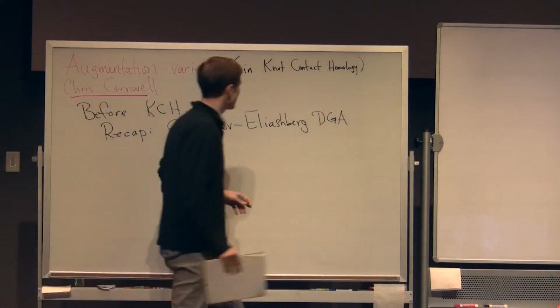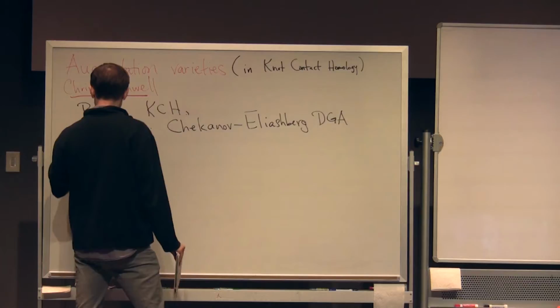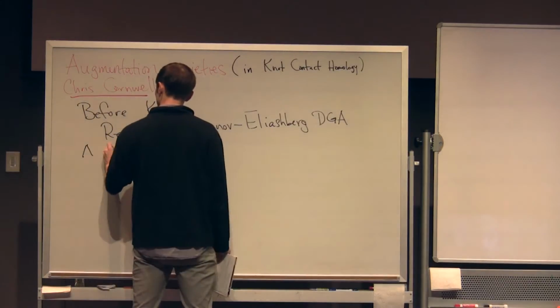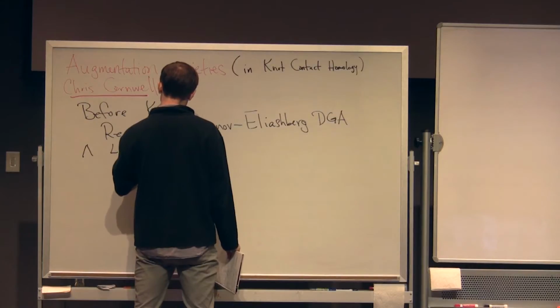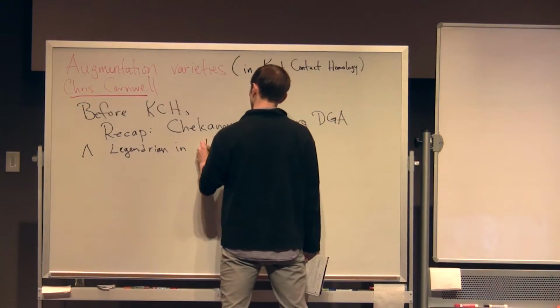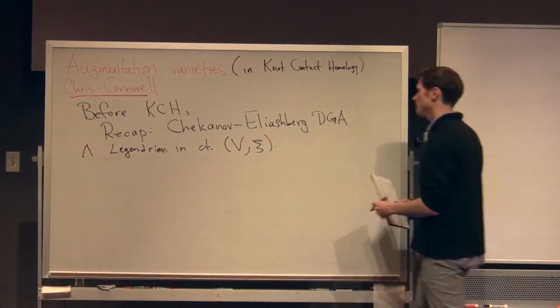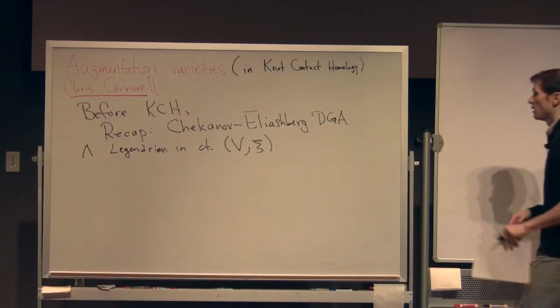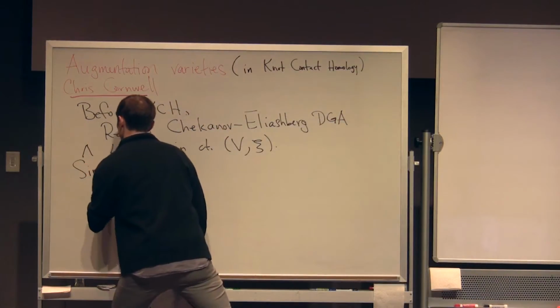Well, before I define it, first of all, I have lambda, which is going to be some Legendrian in a contact manifold V with contact structure C. And I want to make some simplifying assumptions before defining it.